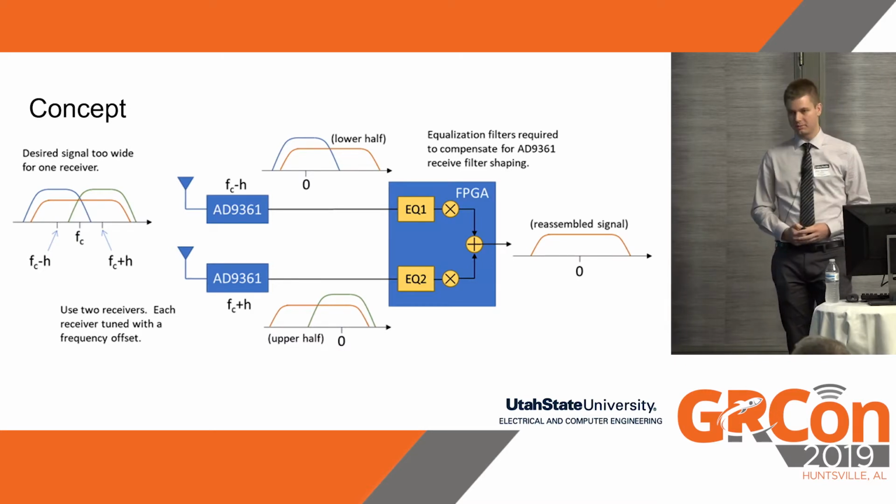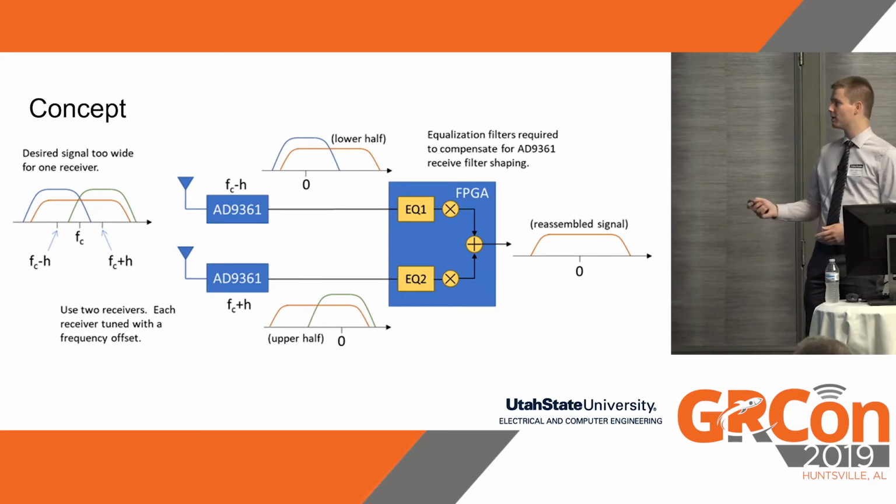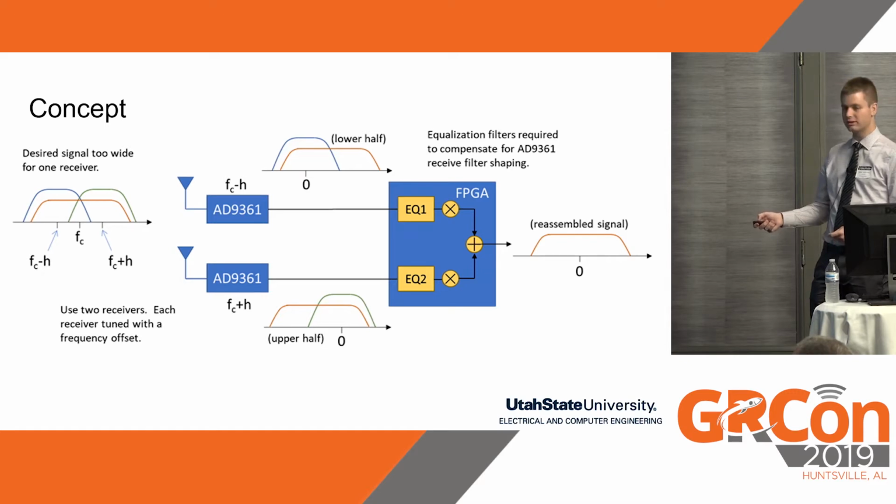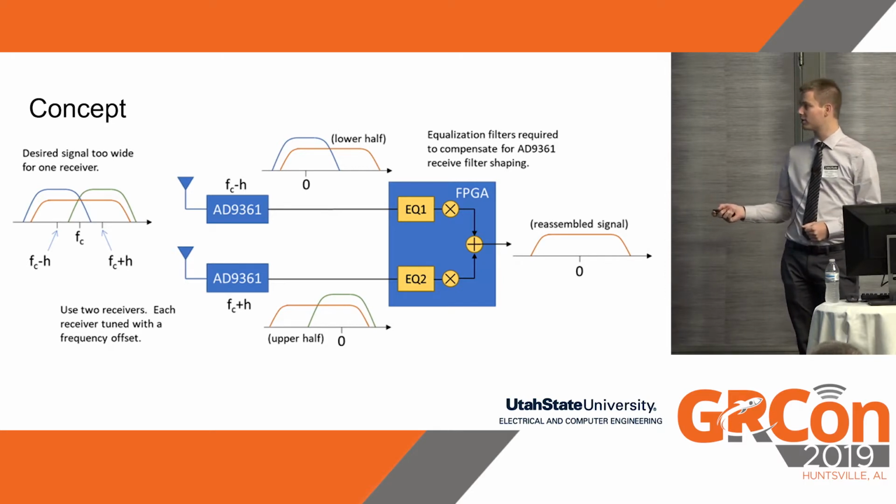So this is the concept in a little more detail. You have a single wideband signal that's too wide to be received with any single receiver. So the idea is to use multiple receivers, have each receiver receive just a portion of that bandwidth, and then do some processing to shape them and equalize them and synchronize them so that they can be recombined into a single signal.